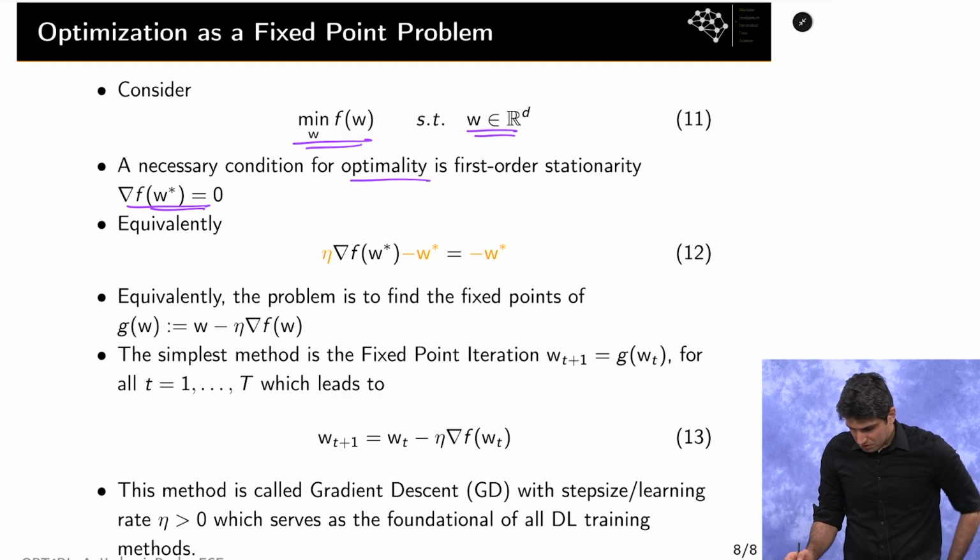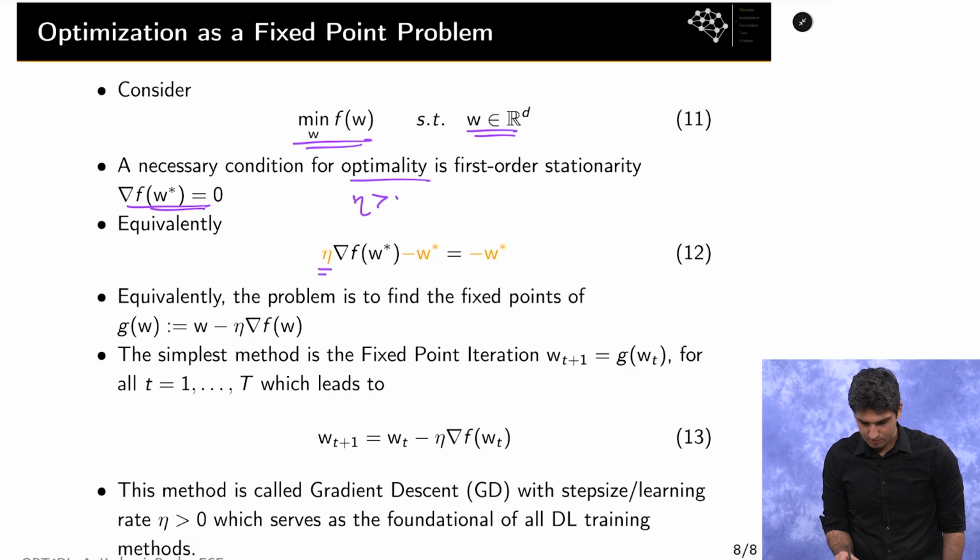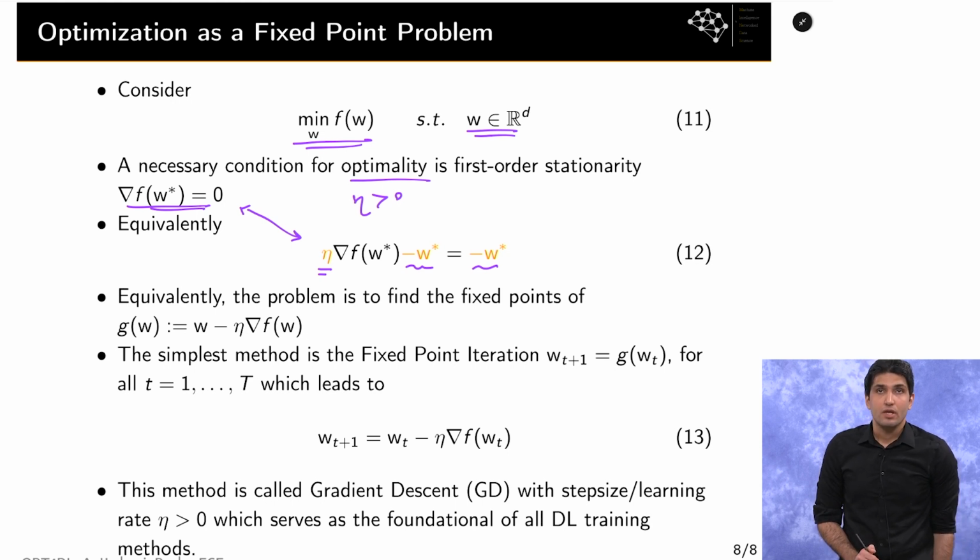Now, you can do something strange here. Let's say that I multiply this by some constant eta, where eta is strictly positive. And then I subtract W star from both sides. It is easy to see that these two conditions are equivalent, right? Now, one good thing about equation 12 compared to equation 11 is that we can think of the task of finding a stationary point as the task of finding the fixed points of another function g, which takes this form.